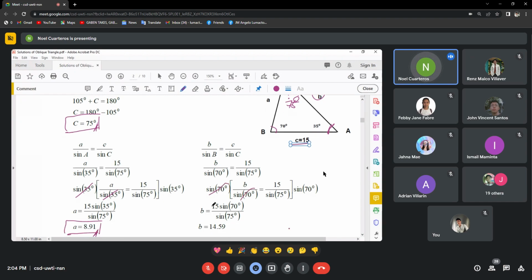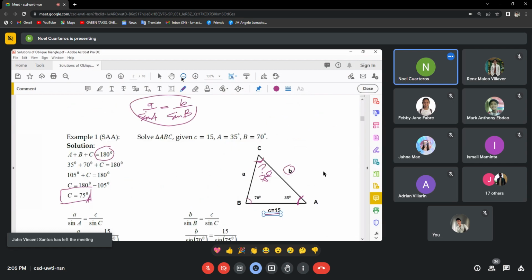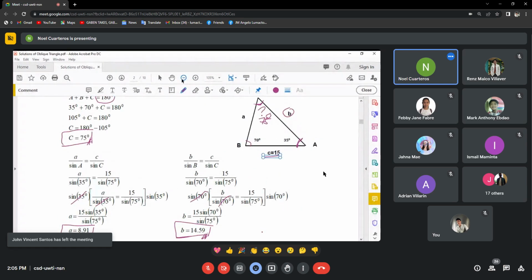B will be equal to 15 sine 70 degrees all over sine 75 degrees. Please tell me if 14.59 is the answer. Please check, class.